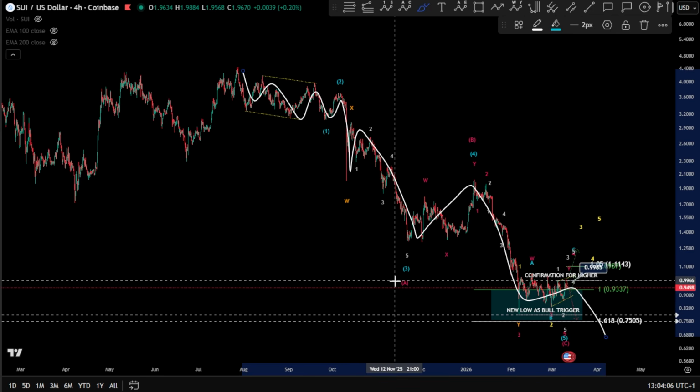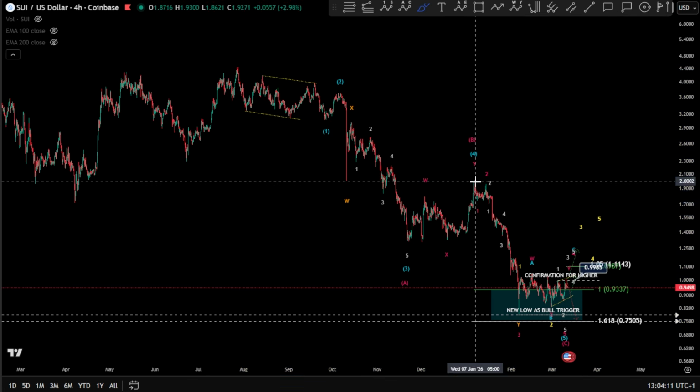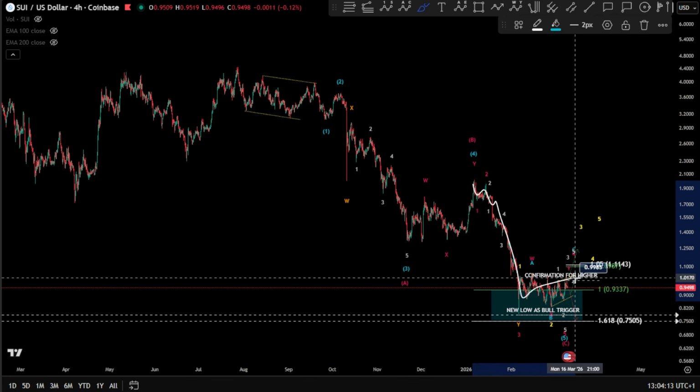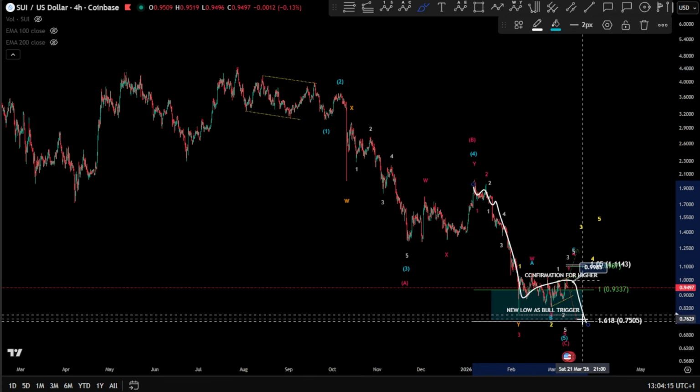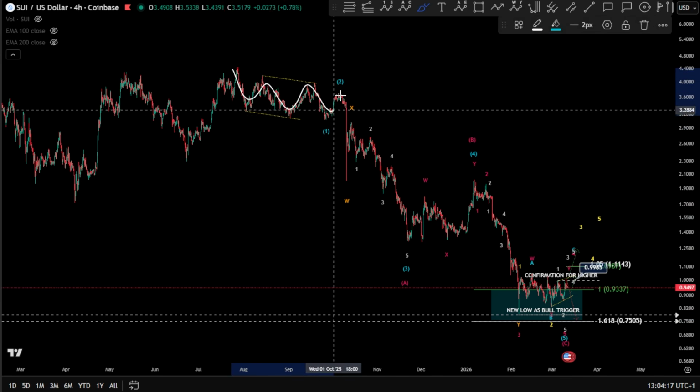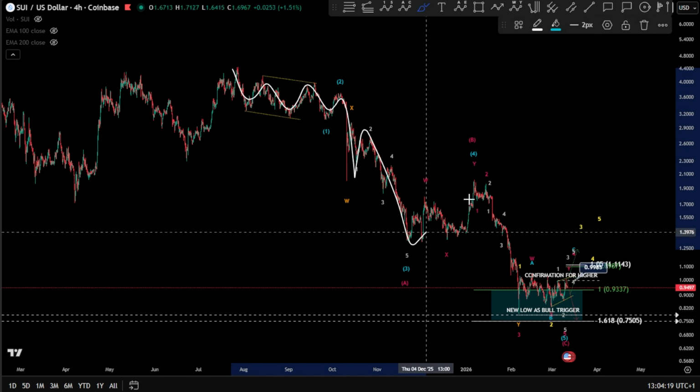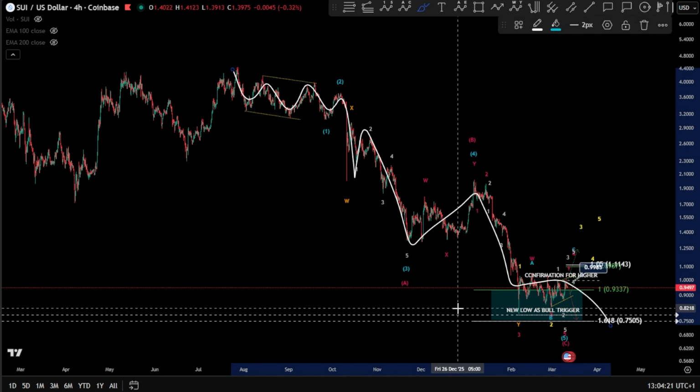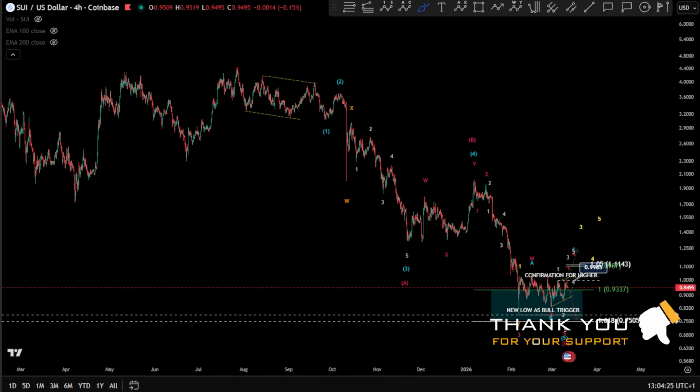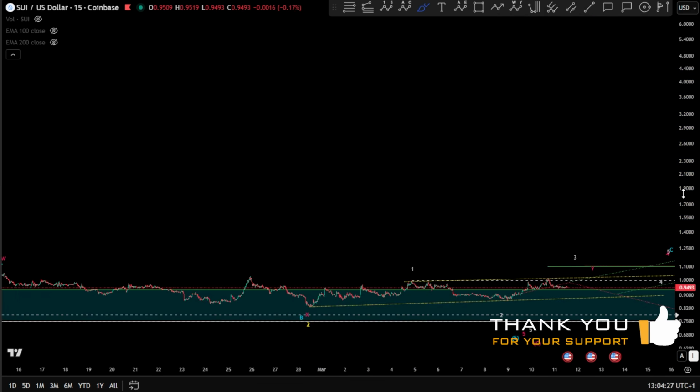But at the end, this is the one more low that I'm still looking for anyway. Meaning, even if you are in a 1, 2, 1, 2, 3, 4, 5, 4, 5, you still need this low. And if you are in 1, 2, 1, 2, and then 3, 4, 5, 4, 5, 4, 5, you're also still looking for this one more low. So very likely that this one more low might happen.